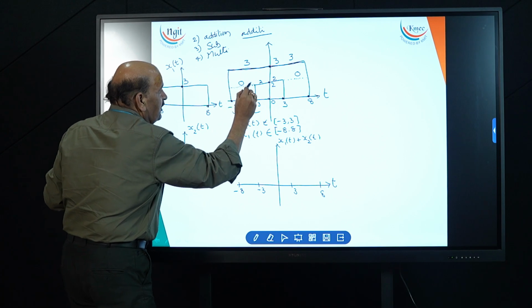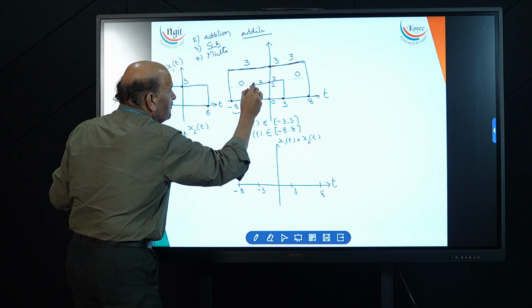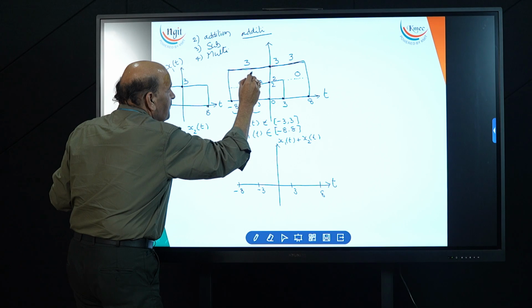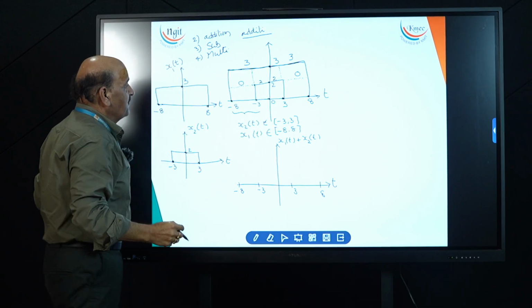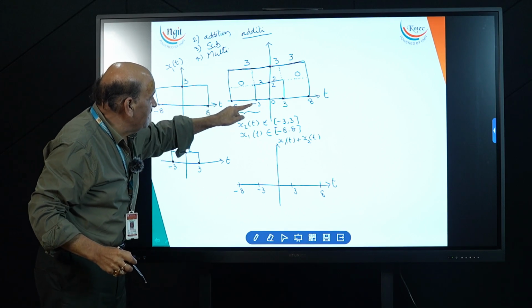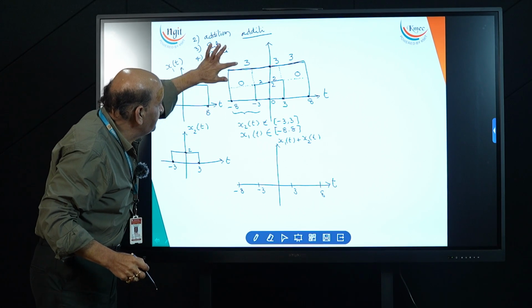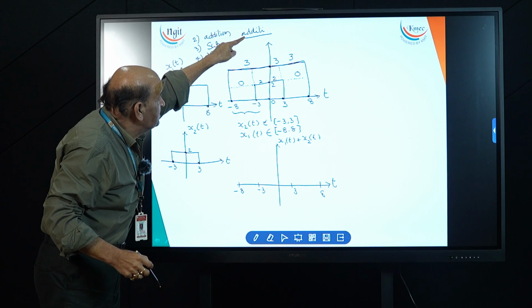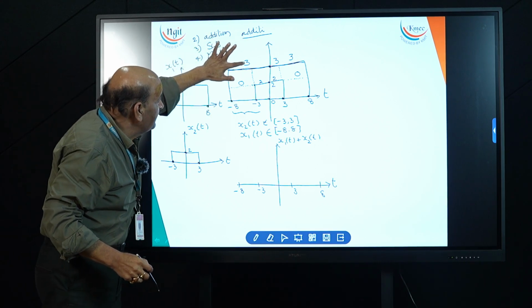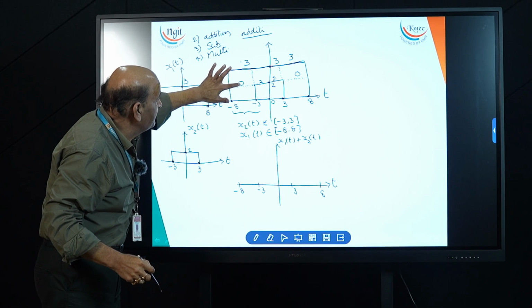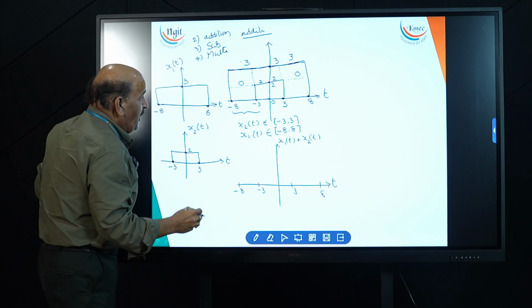Amplitudes. Now, look at -8 to -3. Between this space, the operation is addition. Addition means what? Addition of amplitudes. Therefore, 3 plus 0, how much? 3 plus 0 equal to 3.